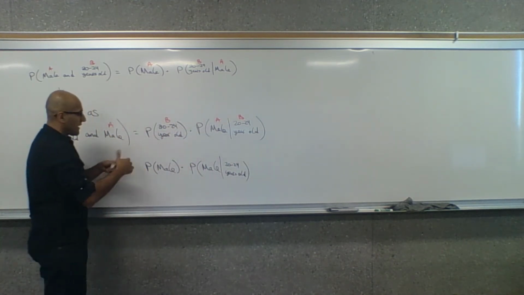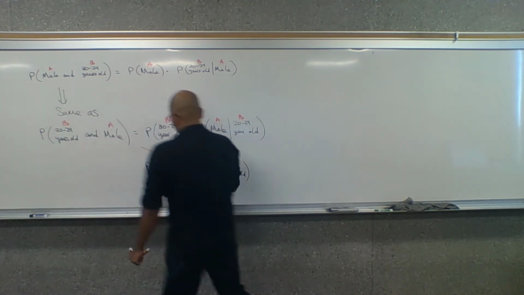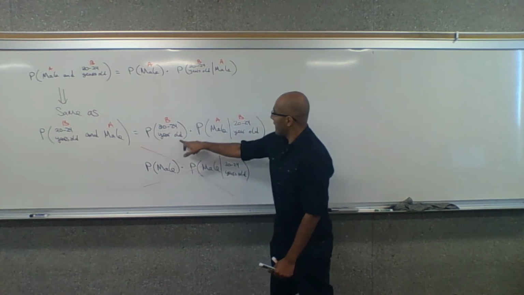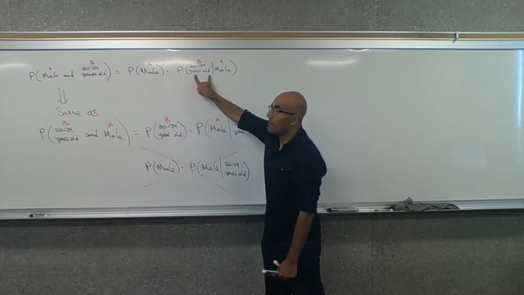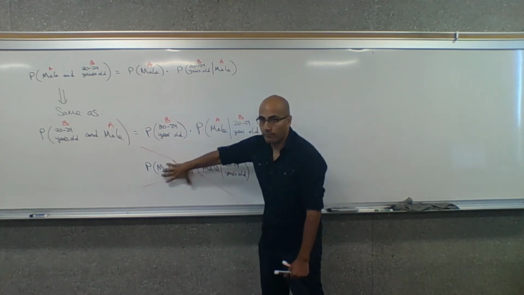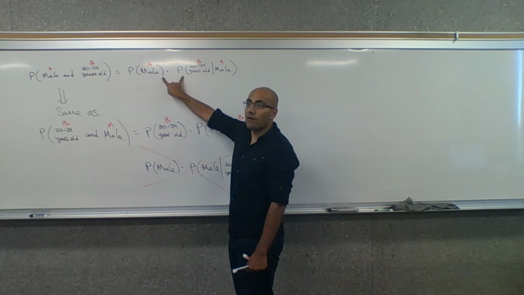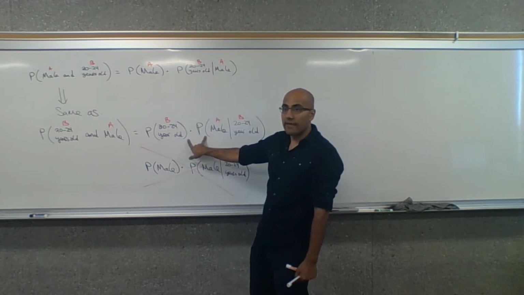Right? That's not true. Because male came first, and now we need this to come and then given male. So the order becomes important there. Okay? So these two have to be together in that order. These two have to be together in that order.